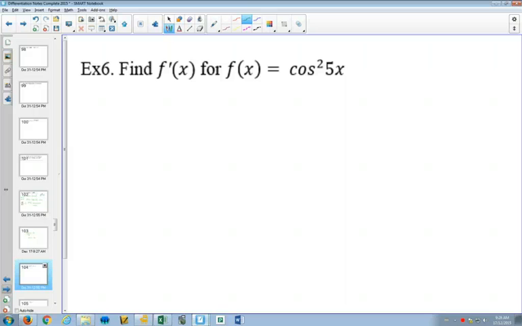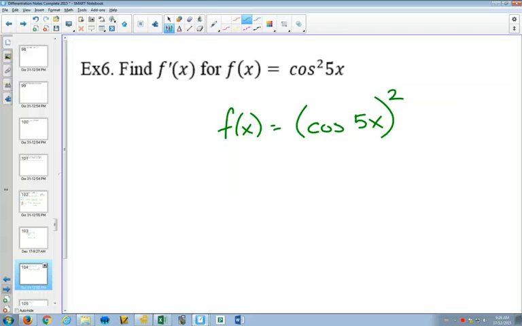This one has a function inside a function inside a function. Can you see from the outside we have a power, the squared. If we rewrote this so we could see it even better, the very outside function is the 2.